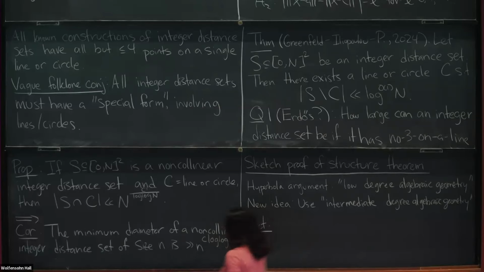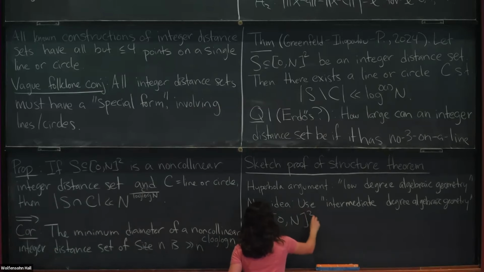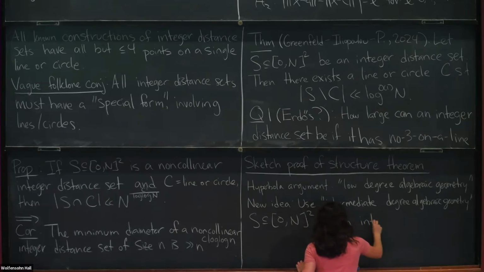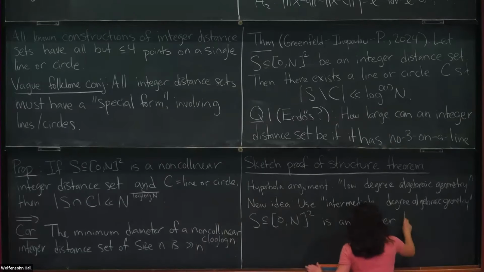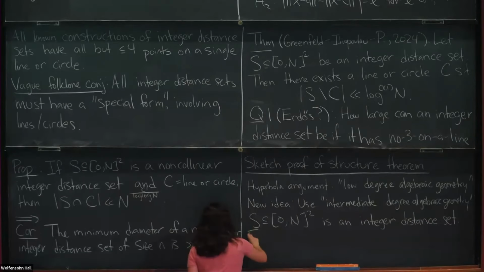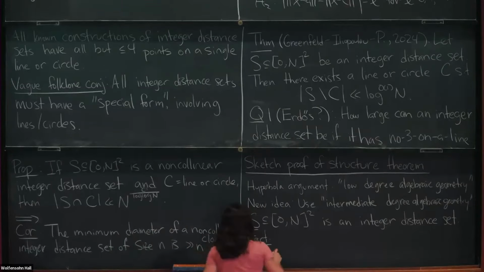So for this entire sketch, we'll assume that S is an integer distance set contained in an n by n box. And the classical fact is that we can basically assume that it lies in a lattice.